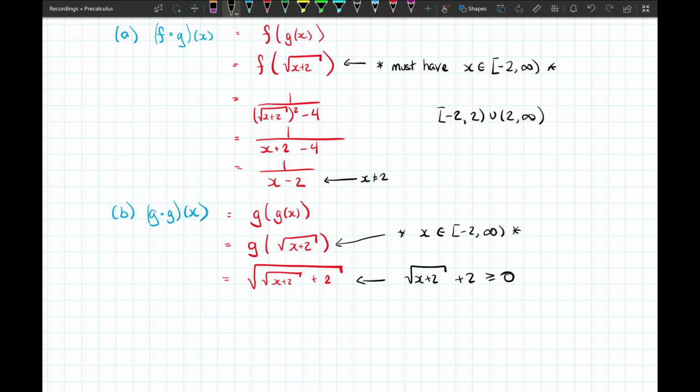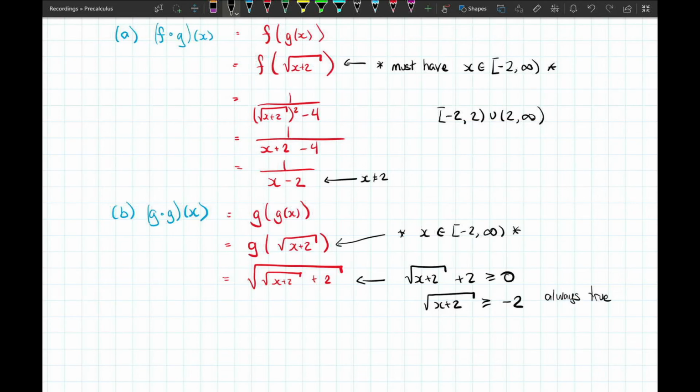We can try solving this inequality. That means that we need to have the square root of x plus 2 greater than or equal to negative 2. Well, this is always going to be true. The square root of x plus 2, whenever it's defined, is going to be a real number of at least 0. And definitely this is always going to be greater than or equal to negative 2. So this is always true.